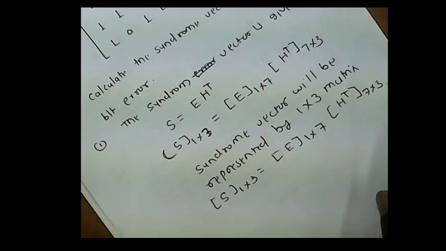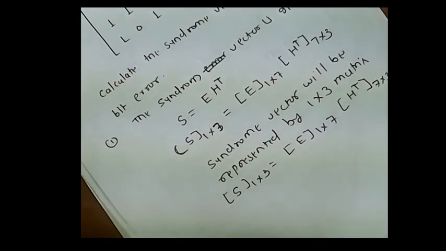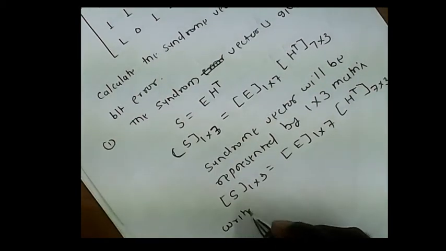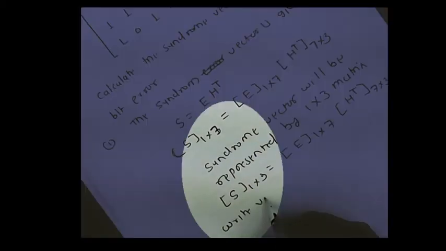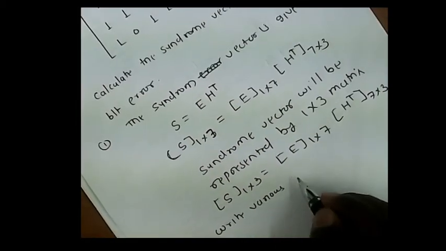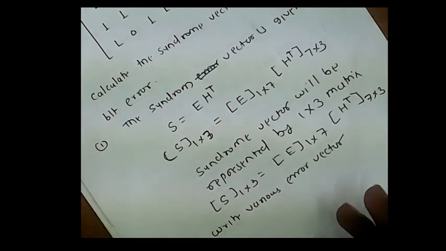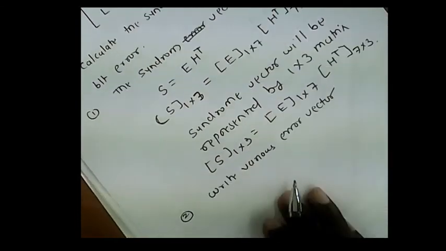So the second step is to write the various error vectors. Various error vectors can be represented in this table.